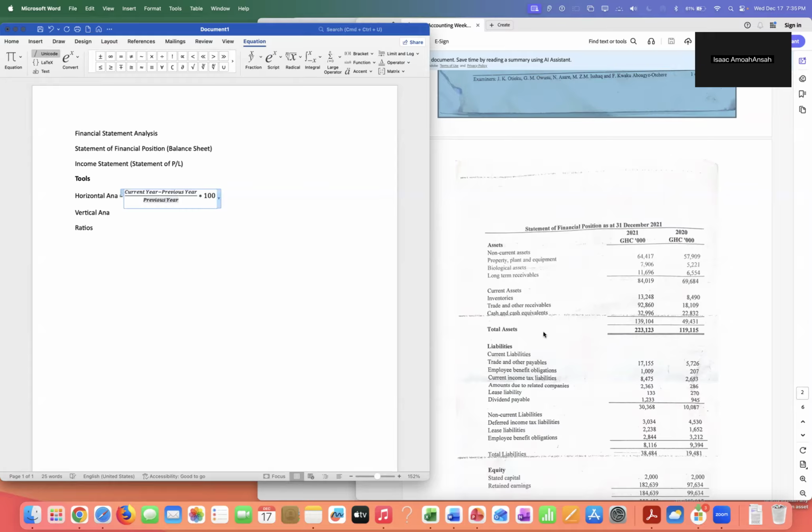So if we note from the statement, this becomes our current year, right? This becomes our current year, and then this becomes our previous year. So if we pick the figures for 2021, we will take out 2020 from it, and then divide it by 2020.